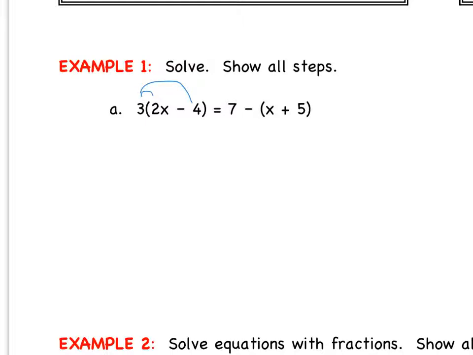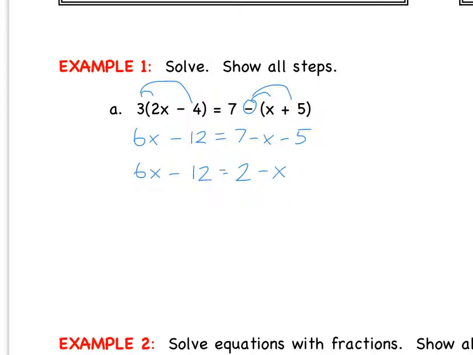We're going to have 6x minus 12 equals, and here we've got a minus a quantity, so we have to distribute that to both terms inside the parentheses. So we're going to have 7 minus x minus 5. Cleaning up that right side, the left side still stays 6x minus 12, and the right side is now 2 minus x, gathering those like terms.